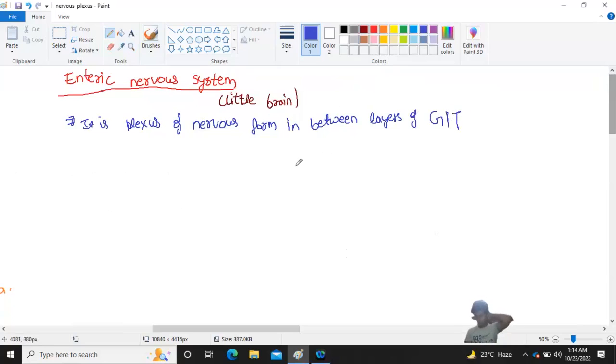So first we draw the types. It is divided into two types. One is Auerbach's and another is Meissner's plexus.